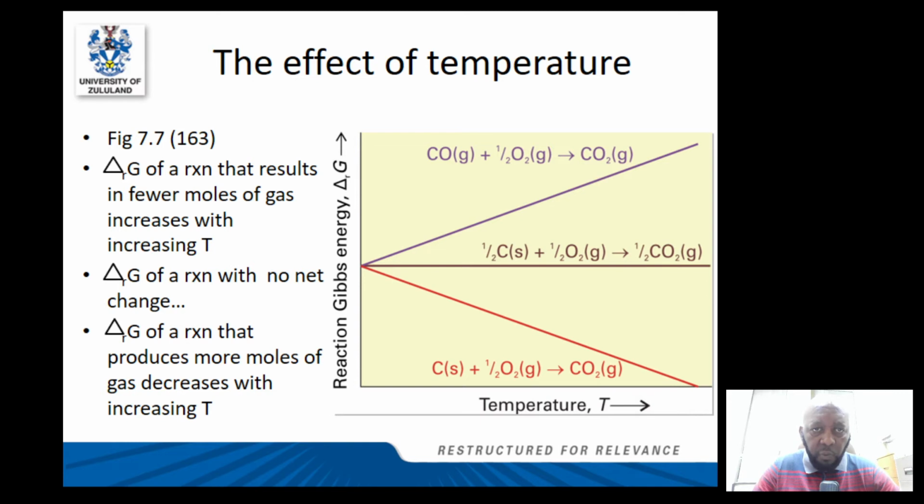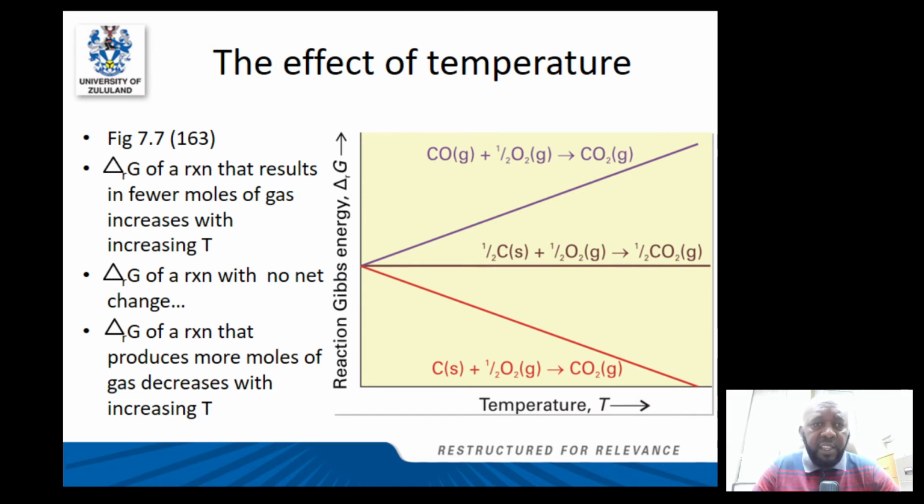When we calculate the total number of moles of the reactants, it will be 3/2 or 1.5, and the total number of moles of the product is only 1. So that reaction produces fewer moles. A reaction that produces fewer moles normally increases with increasing temperature.